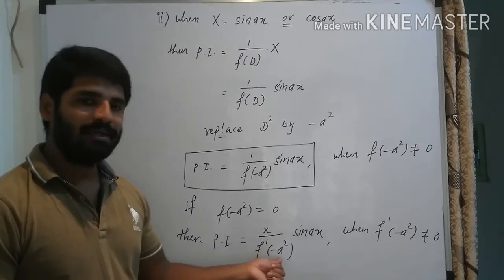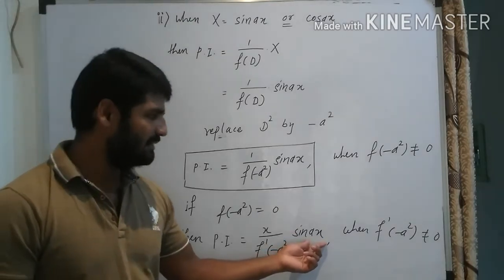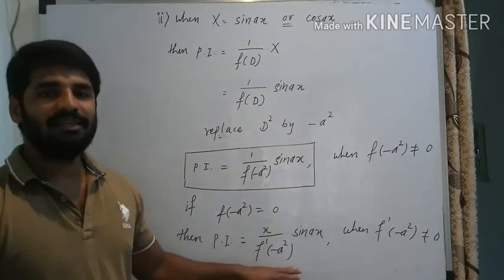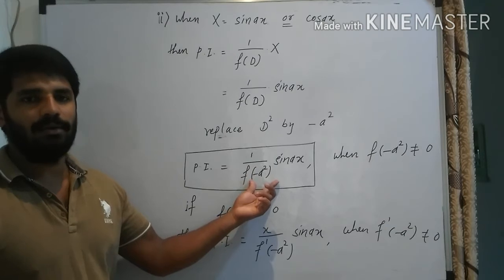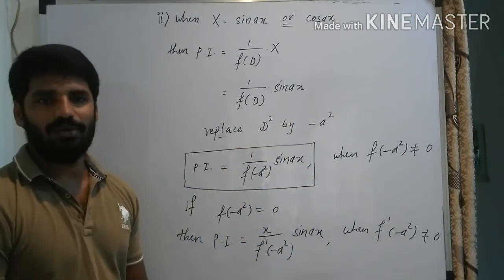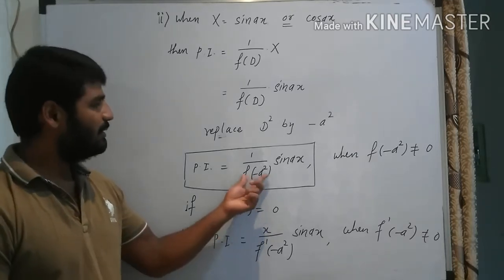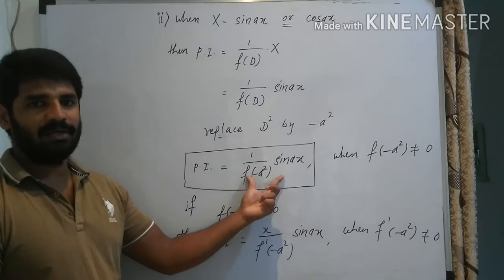The sin ax or cos ax remains as it is, but this is the required particular integral only when the denominator contains a non-zero term. There is one more possibility. Here we replace D square by minus a square only. If we get a non-zero constant, then this is your required particular integral.